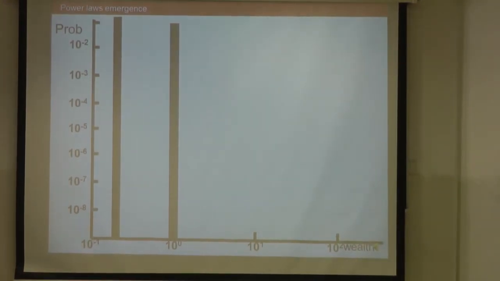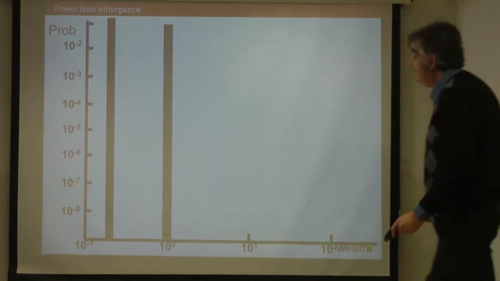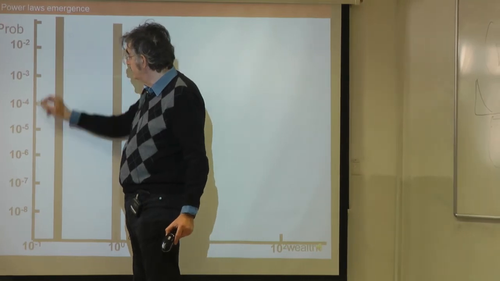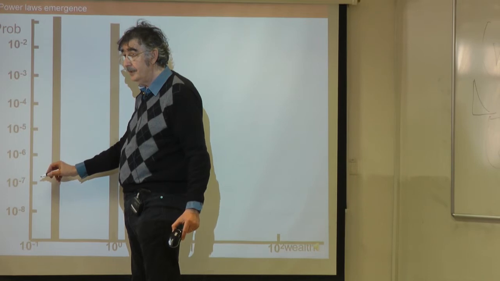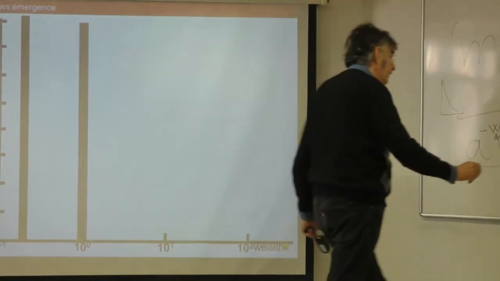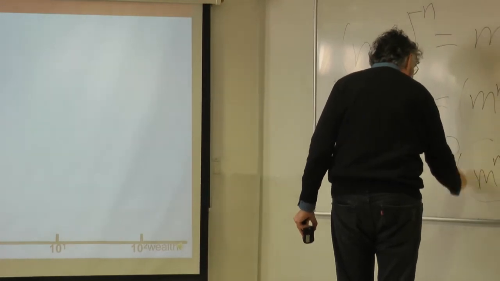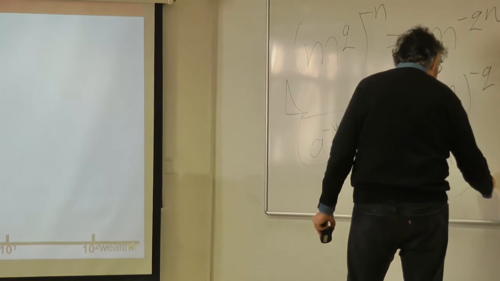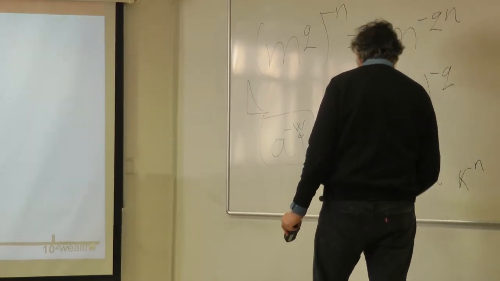It's m to the n. And this is k to the minus n. So I had that the probability or the frequency of W being equal to m to the n is proportional to k to the minus n.